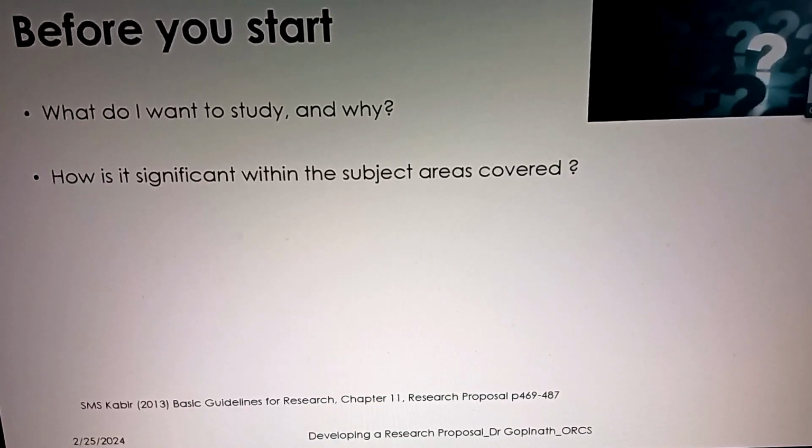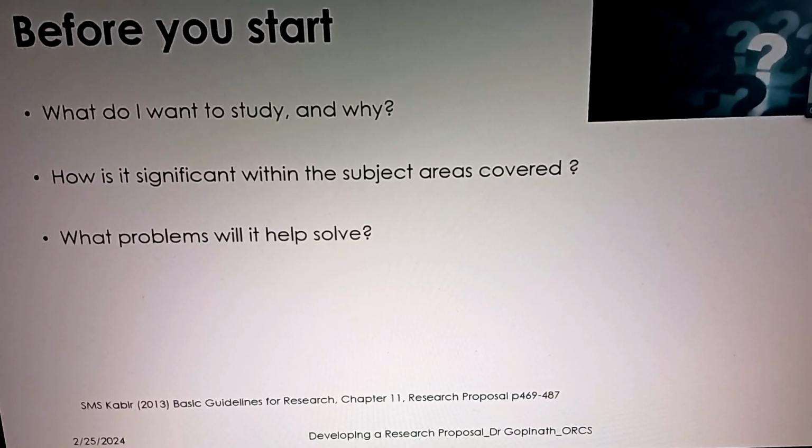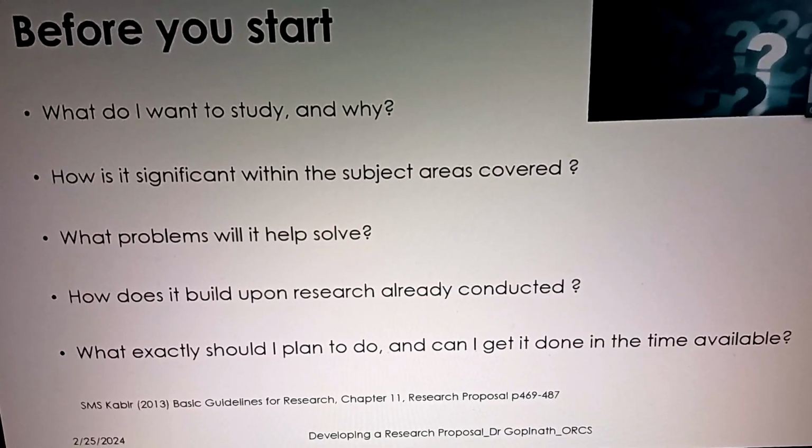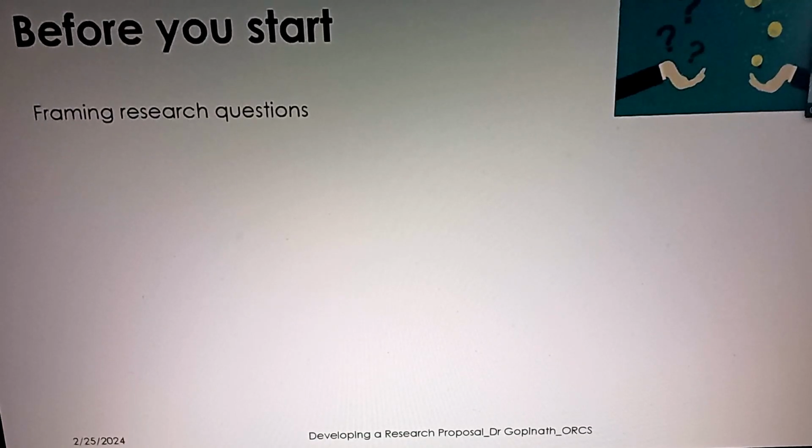How significant is the subject should be very much covered in the proposal. And what are the problems, how it will help you solve, and how it helps to build upon further research should be the start of any research project, and how exactly you are going to plan and get it done in the time available or the time given during your studies.